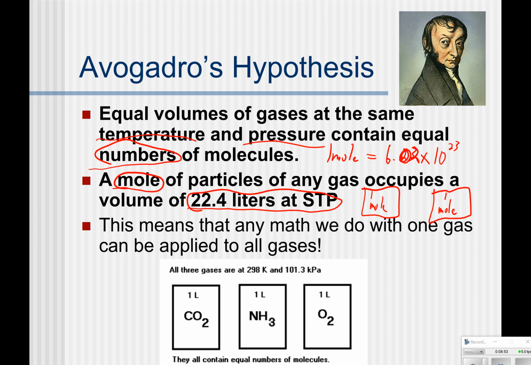So in the example on the bottom here, we have 3 different gases all containing different numbers of atoms, 2, 4, 3, with different elements at different weights. But if all the gases are at 298 Kelvin, and what we'll learn here in a second is standard pressure, then each of those containers is going to contain equal numbers of molecules.